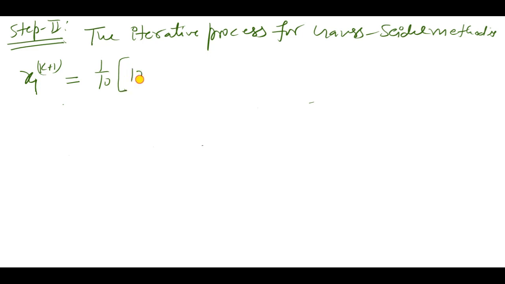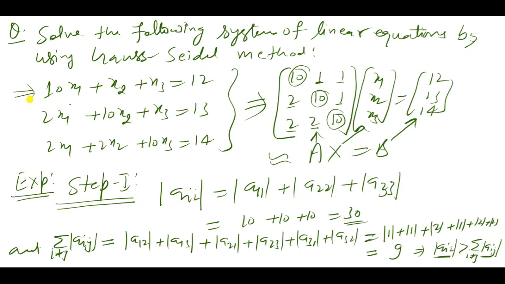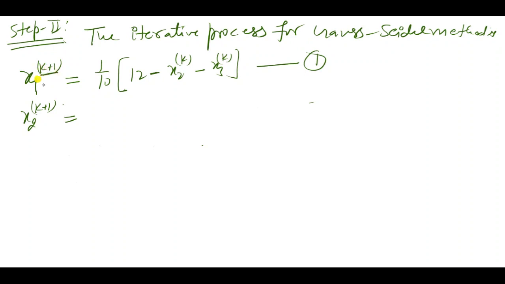This is equation 1. Here, with the help of the first equation, 10x1 = 12 - x2 - x3, so x1 = 1/10 (12 - x2 - x3), and if we write the (k+1)th approximation, x1^(k+1) = 1/10 (12 - x2^k - x3^k), that is the kth approximation for x2 and x3. Say this is equation 1.